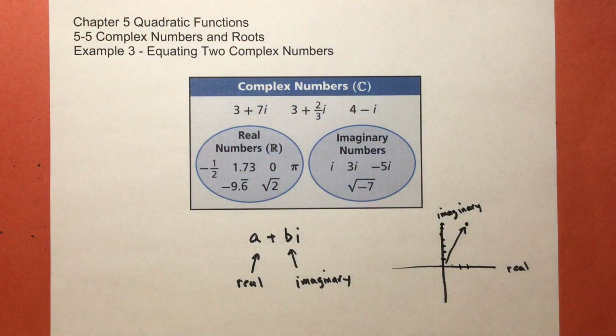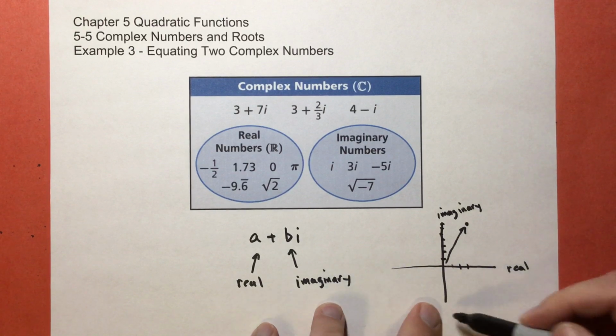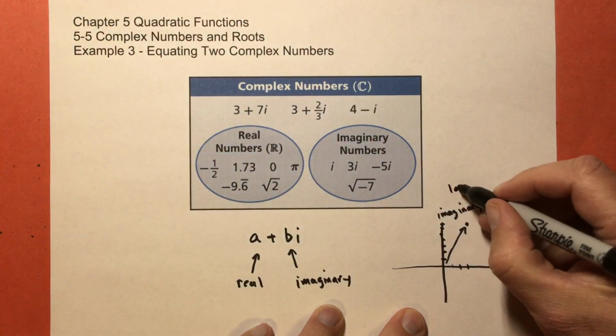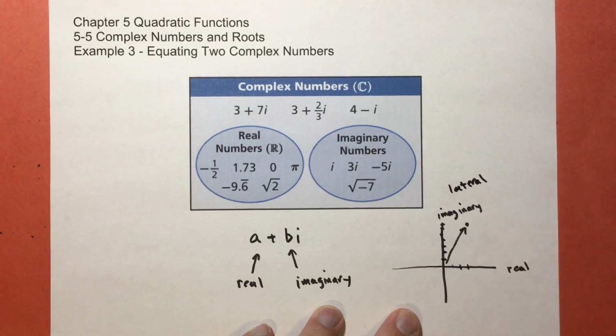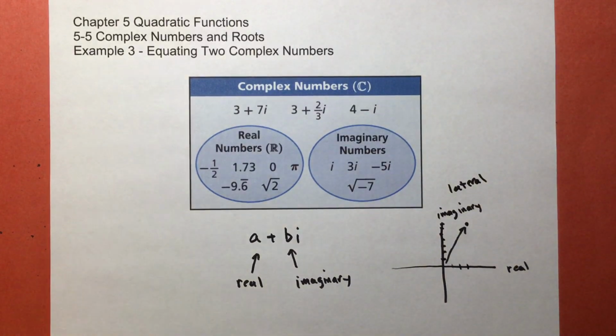You'll get into vectors in pre-calc. All right? So this is actually cool. Instead of x, y, where both the axes are real, now we got real numbers going this way and imaginary numbers. This is why we call them lateral, because they're going in a different direction. They're going off that way. All right.